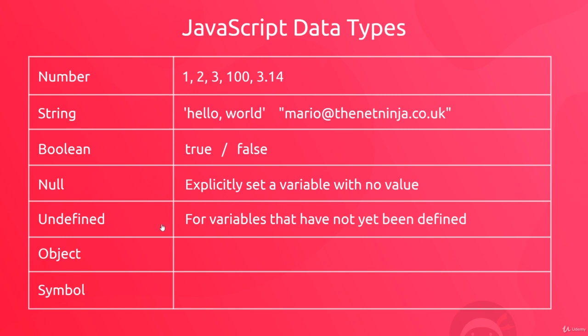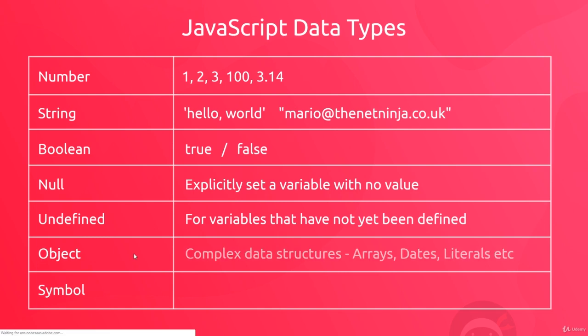So these are both empty values, but this one right here, null, we explicitly set to a variable. This one is automatically given to variables when they're not yet defined. Does that make sense?